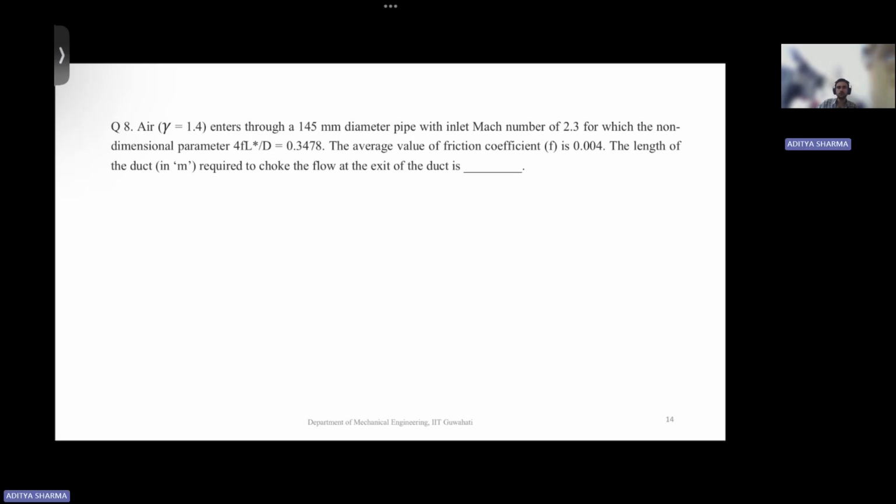The average value of friction is 0.004. The length of the duct in meters required to choke the flow at the exit of the duct is. So this question is there.